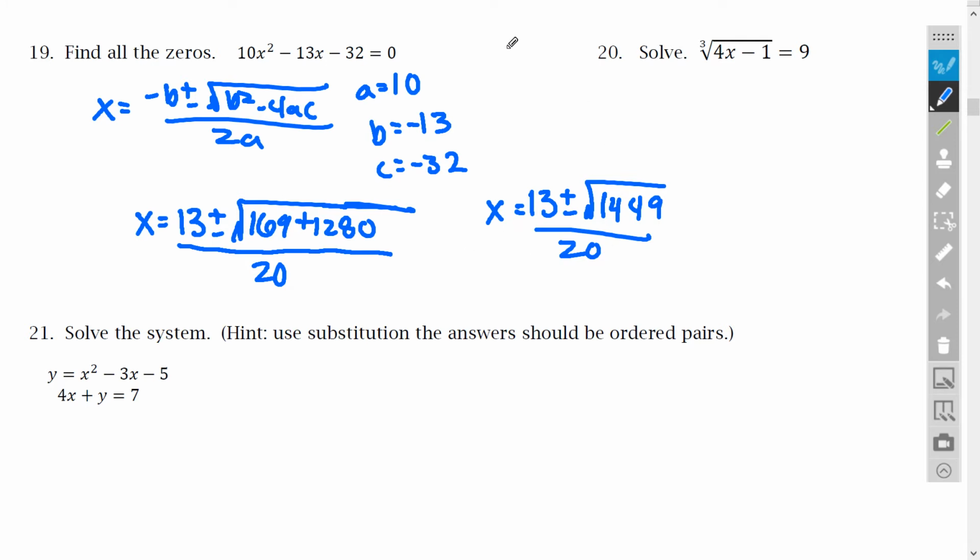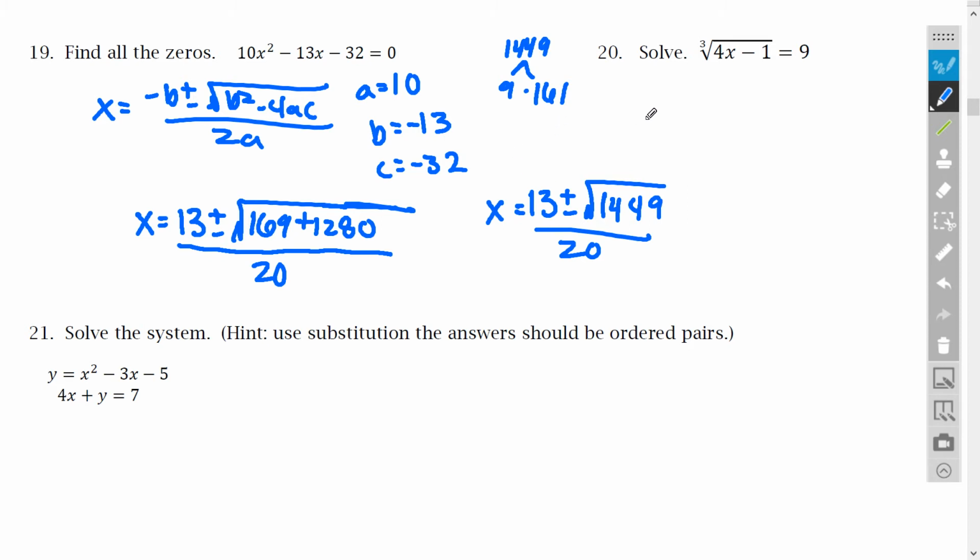Okay, so 1449 is 9 times 161. Now I don't know if 161 has any perfect squares, so 4 does not go into it, 9 does not go into it, 16 does not go into it. The next perfect square would be 25. 25 does not go into it. Okay, so it doesn't look like 161 has any perfect square factors.